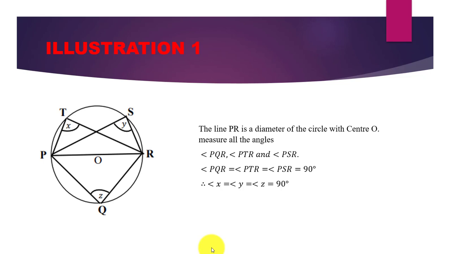The line PR is a diameter of the circle with center O. Now, when you draw your circle with your compass and ruler and use your protractor to measure the various angles located, you will find out that these angles are of the same measure.